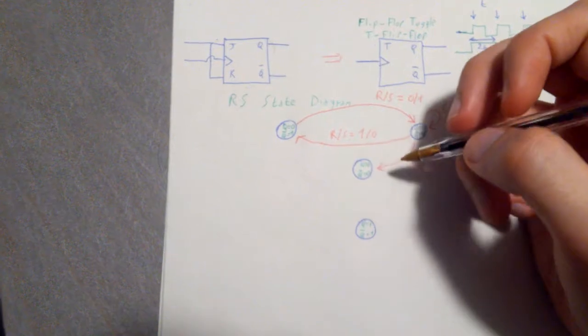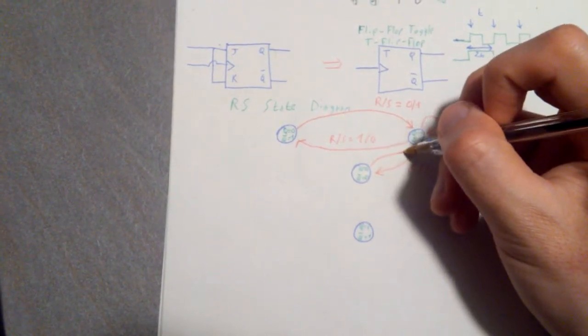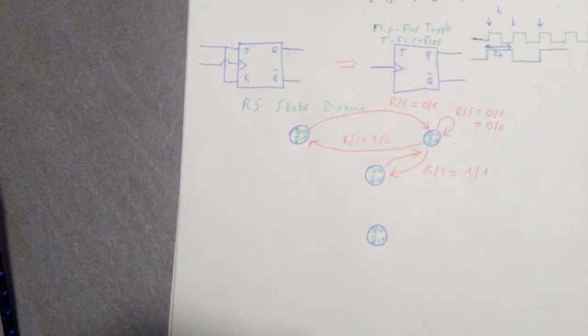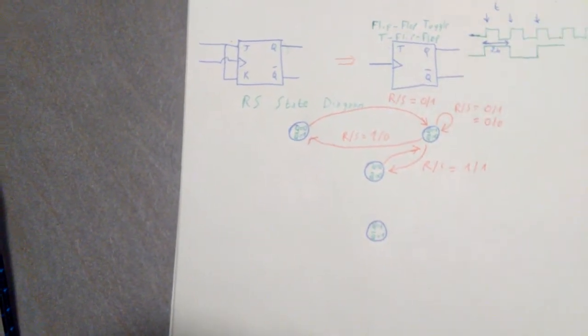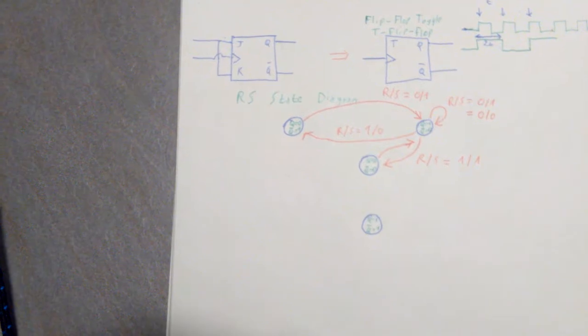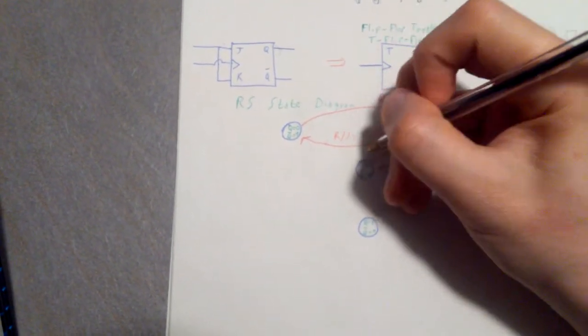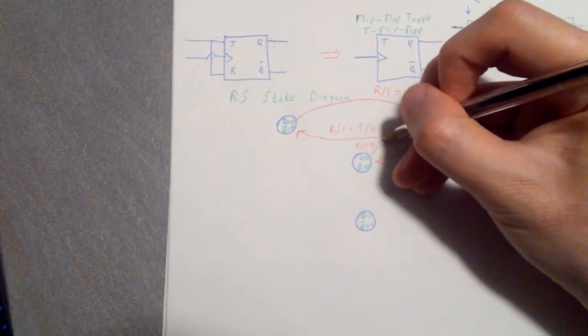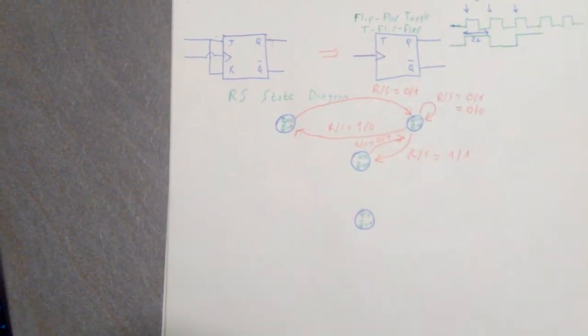We can also move out from this state if we set R equal to 0 and set equal to 1.